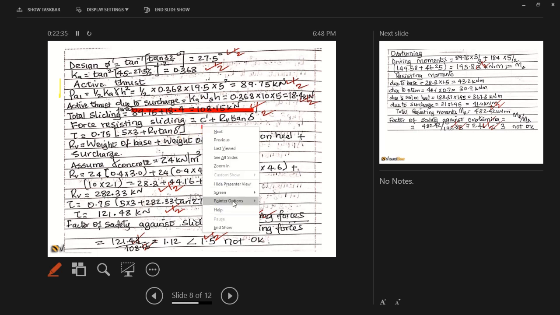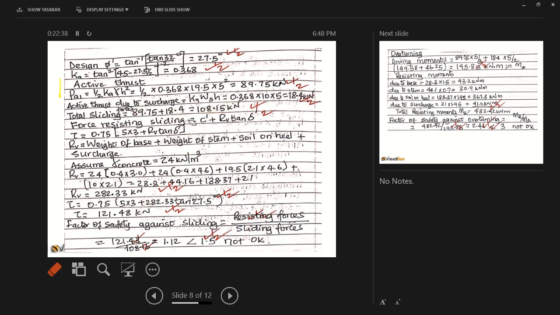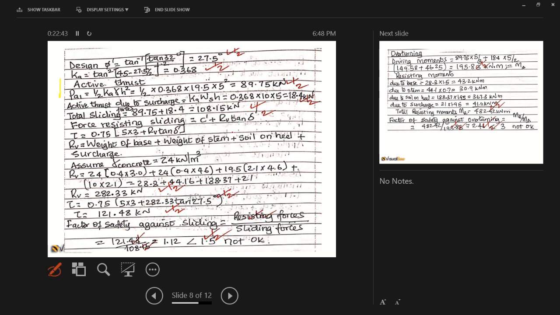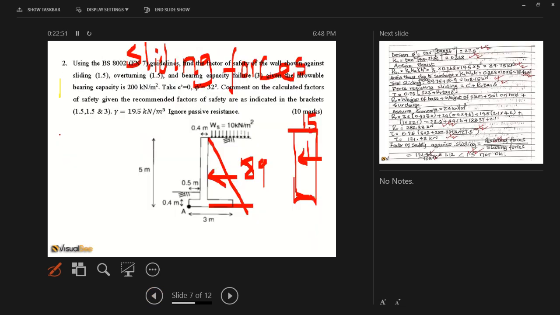This is what makes the difference, what differentiates the BS 8002 method. The effective resistance would be C plus RV tan delta, where delta is the design phi.